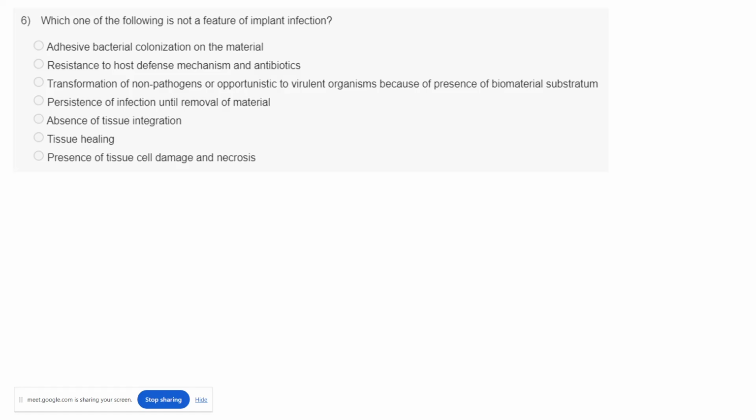This increases the resistance to host defense and antibiotics, and also turns some of these into virulent bacterial species. Until it is removed, there is persistence of infection, and because of this it cannot interact with the host tissue, so there is absence of tissue integration, and there is some tissue cell damage and necrosis around the implant.